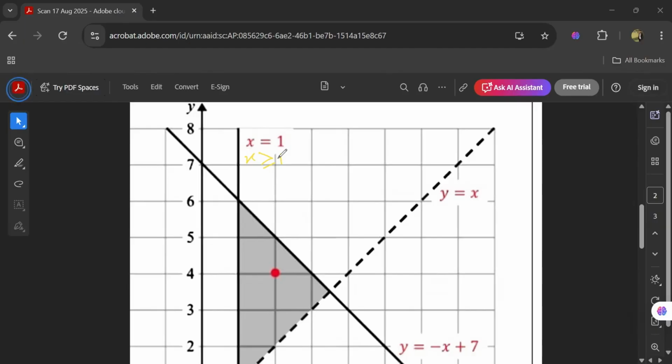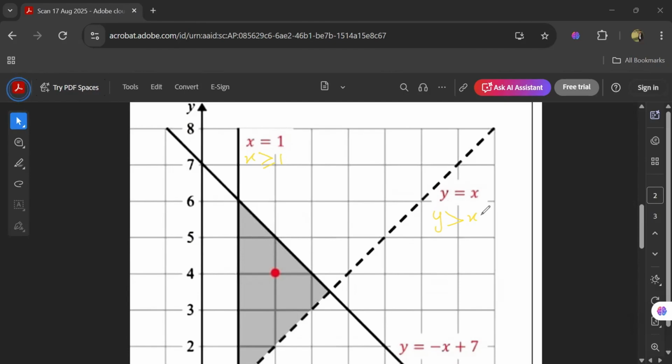Moving to the slant line, which is dotted, the equation given is y is equal to x. Changing it into inequality, the shading of the gray region is above this line. It means y is greater than x. There will be no equal to line because it's a dotted one.